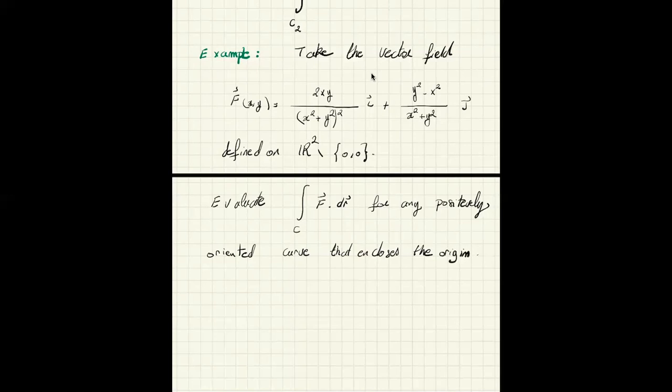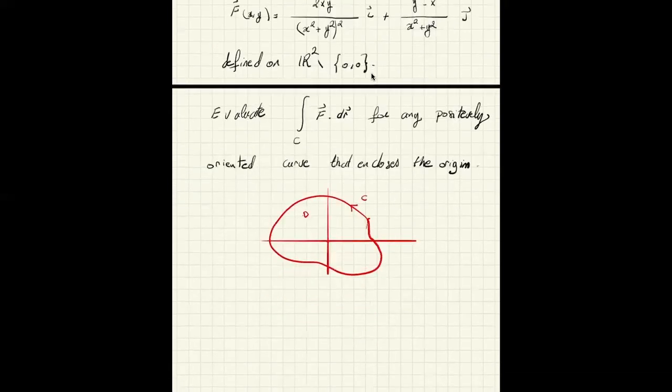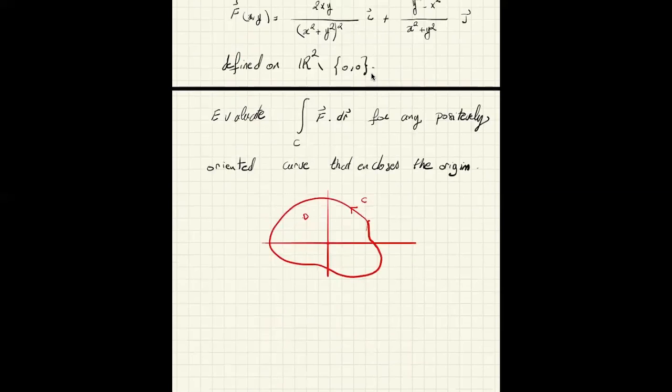So here's the thing. For this type of problem, if you take a curve that contains the origin and you take the domain to be the inside of C, the problem is F is not defined at 0. And remember, it needed to be defined on a region that contains D, but it is not defined on D, because at (0,0) it blows up.